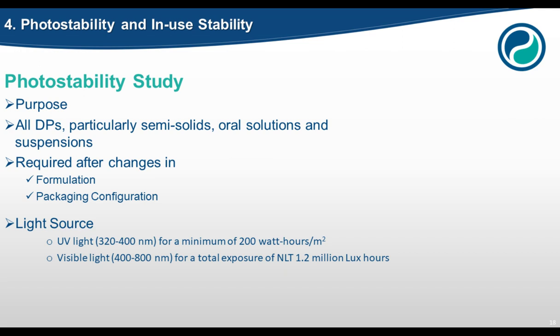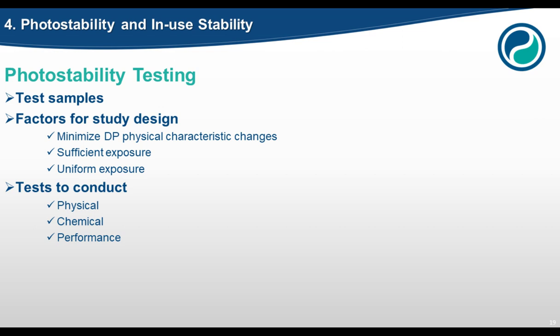It is also required after we make changes in the formulation and packaging configuration of the drug product. The light source requirement is per ICH guideline. For the samples to test, we recommend design and include all the following.